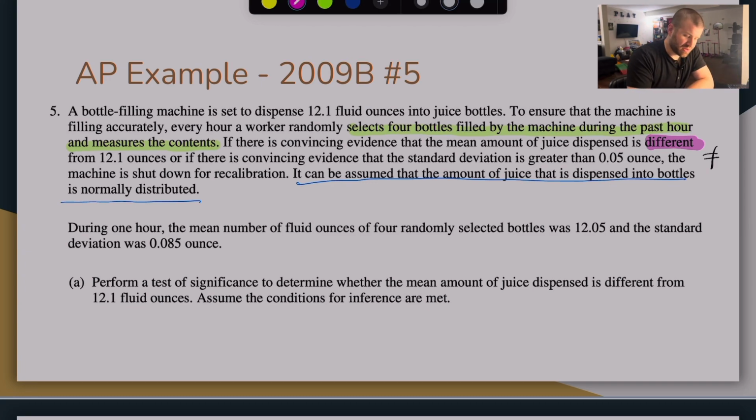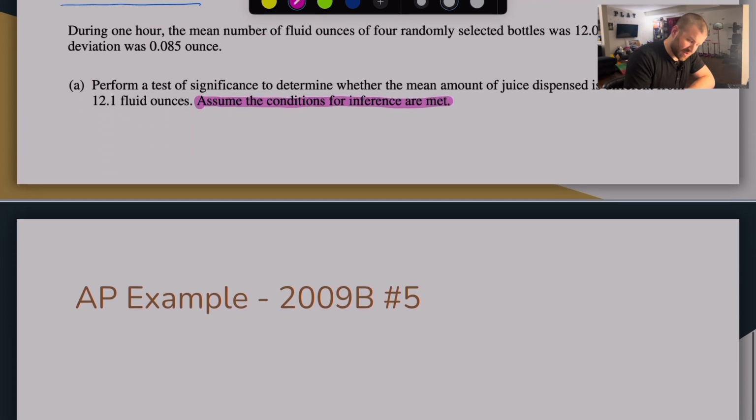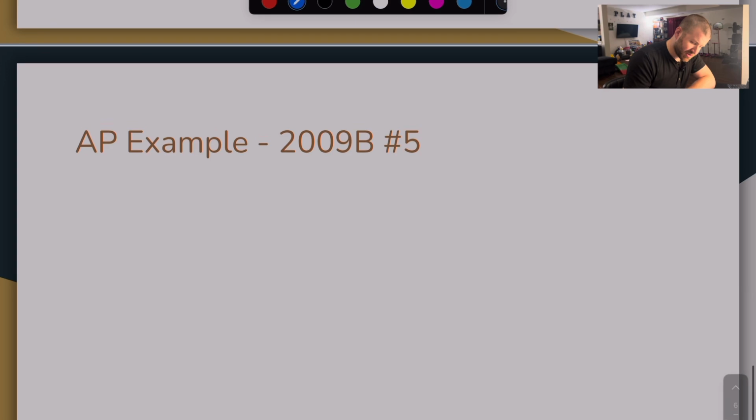The other sentence that's incredibly helpful here is this one right here: assume that the conditions for inference are met. That means for the assumption part of our HAT North Carolina, we can just quote this part of the problem and move on. It is my favorite sentence in all of hypothesis testing. So let's go ahead and run this hypothesis test.